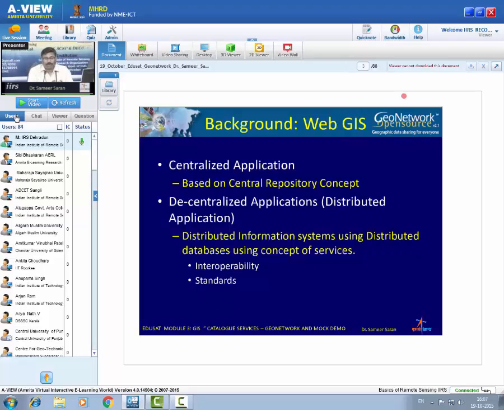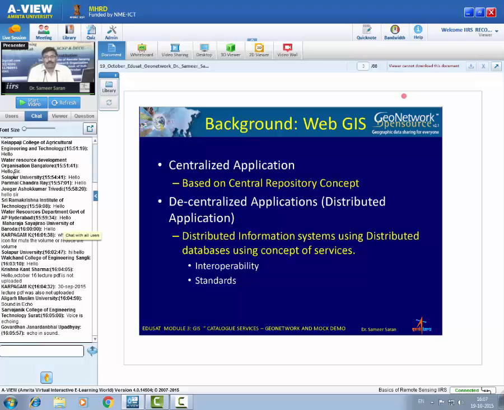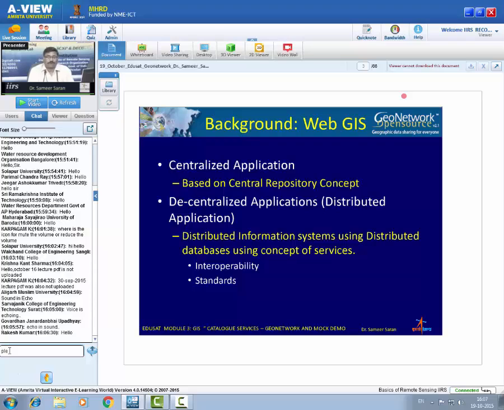To begin with catalog services, how has this particular concept evolved? If you see the overall information systems available worldwide, they have been classified into two categories. One is a centralized information system, which is totally based on a centralized repository.